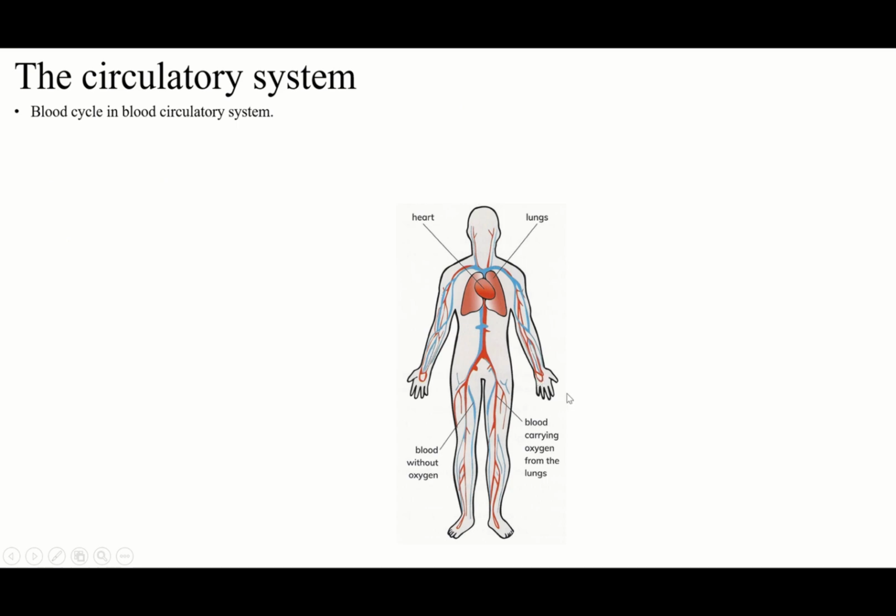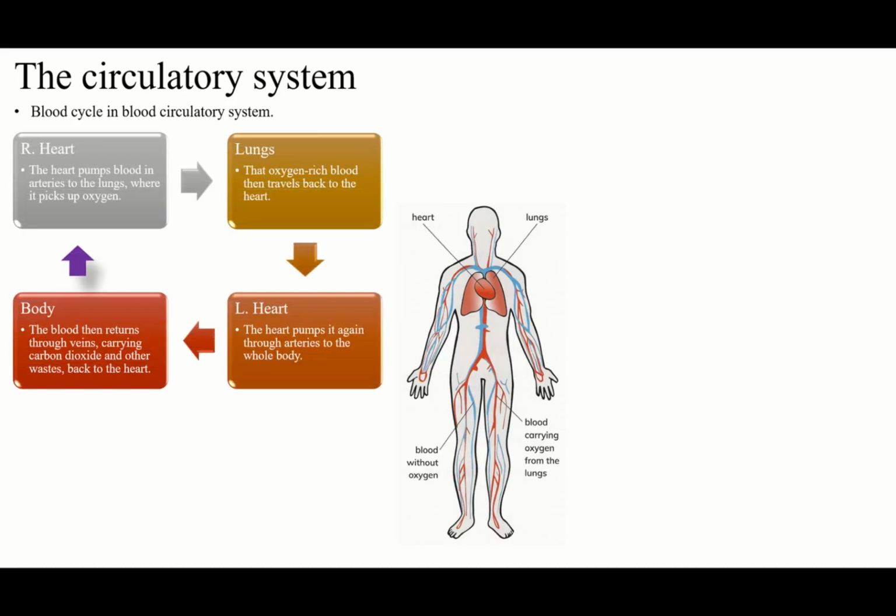We don't have the capillaries shown here because they are in the hands and the very tiny narrow places. So let's see what the cycle of the heart is. First of all, I have written: right side of the heart, left side of the heart, lungs and body.